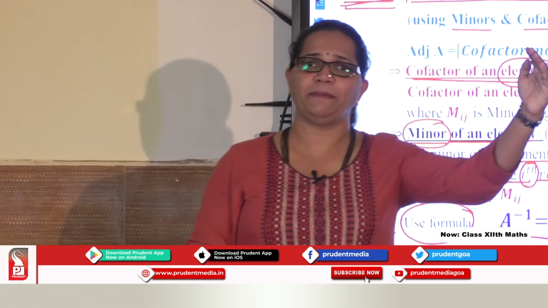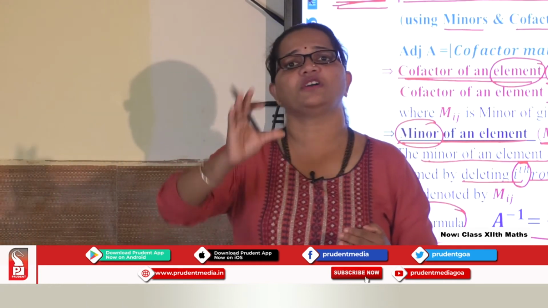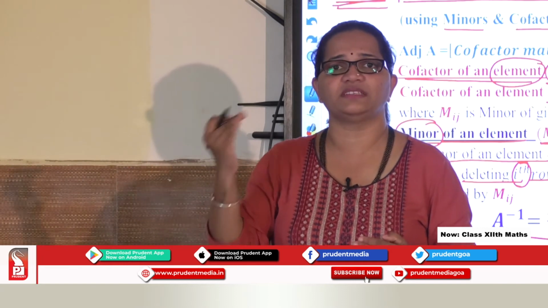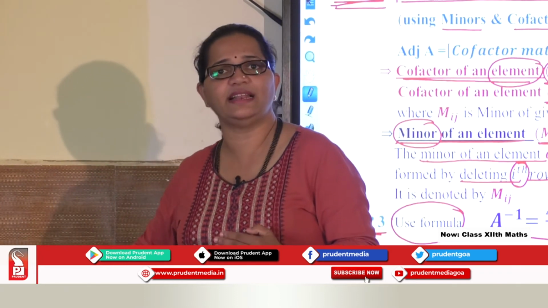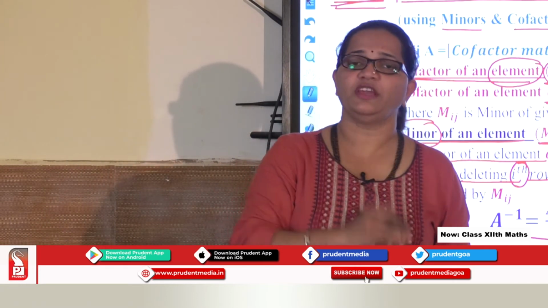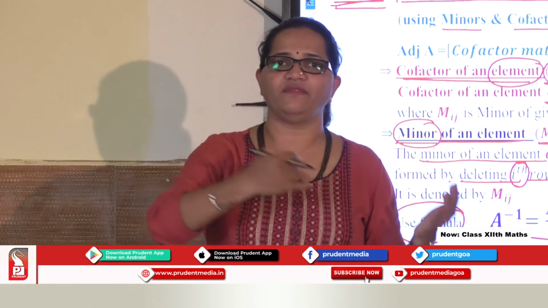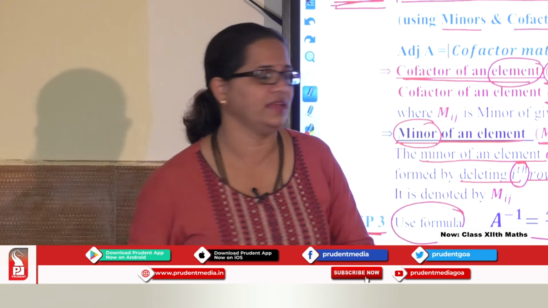Your first step, second step and third step are basically the same, only when you talk about a 3 by 3 matrix the procedure is a little lengthy, but when we talk about a 2 by 2 matrix we use a shortcut to get the adjoint and we quickly get our A inverse.